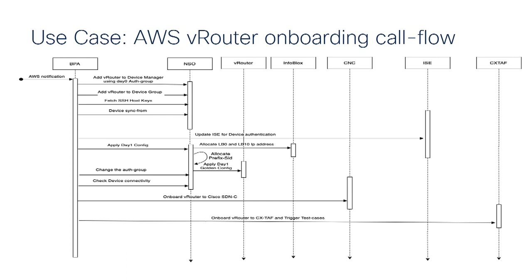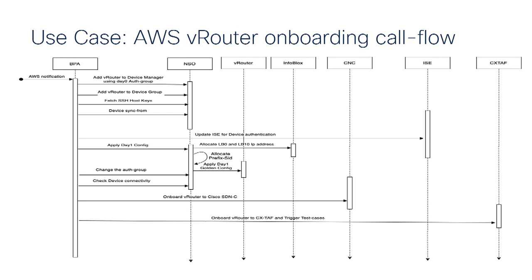Once a vOrder instance is successfully launched, using the CloudFormation templates, it sends a notification to us where we kickstart the workflow for the vOrder onboarding call flow. Initially, the device configuration is pushed through CloudFormation, which has a pretty standard day zero config, so we have to onboard the device using the day zero auth group, which is a static auth group we define as part of the CloudFormation template.